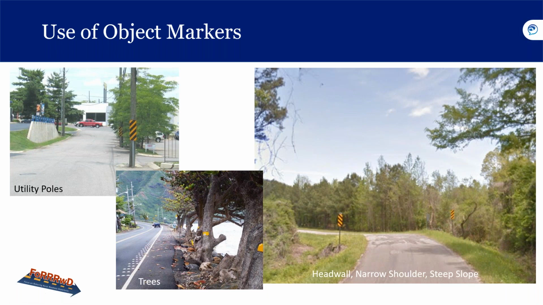They have a solid yellow object marker to delineate them. We also see the button type of rumbles that they use in Hawaii, because they don't really have a lot of snow plows in Hawaii, do they? So they can use those types of rumbles.